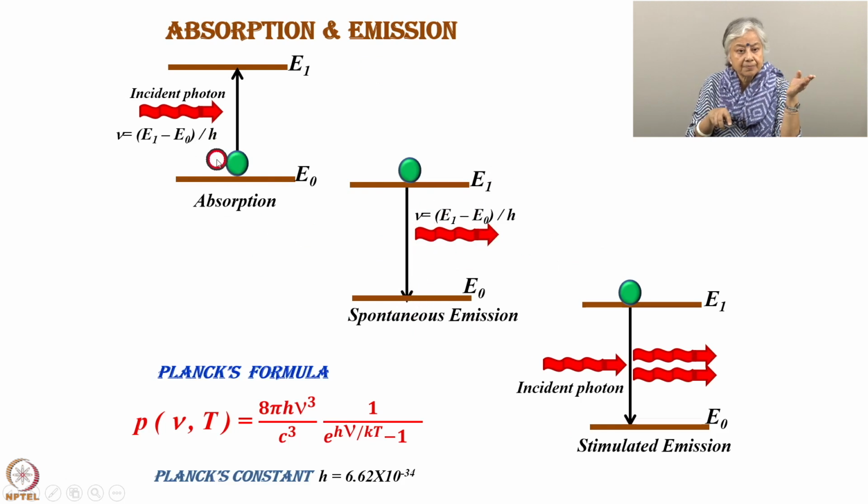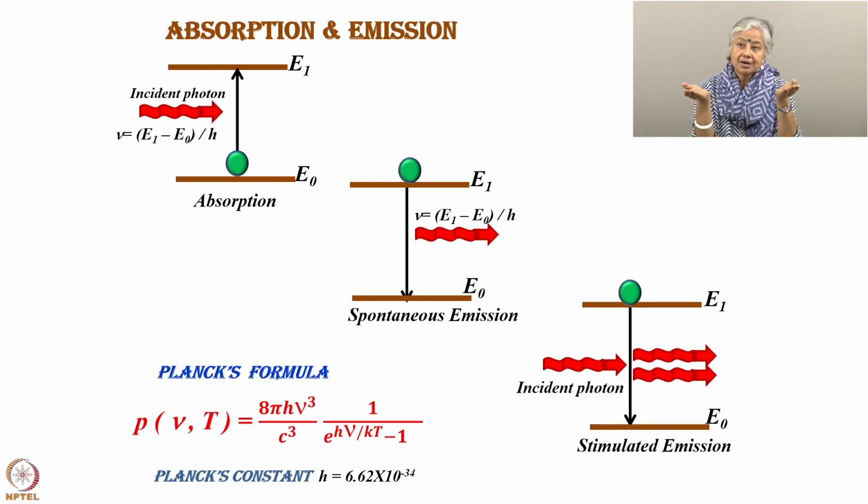But this particle which is up there could also release its energy if it is nudged by another photon like this. Obviously, if it comes down it releases its energy. So, there are two ways in which this particle can release its energy. The first one is called spontaneous emission, and the last one is called stimulated emission.